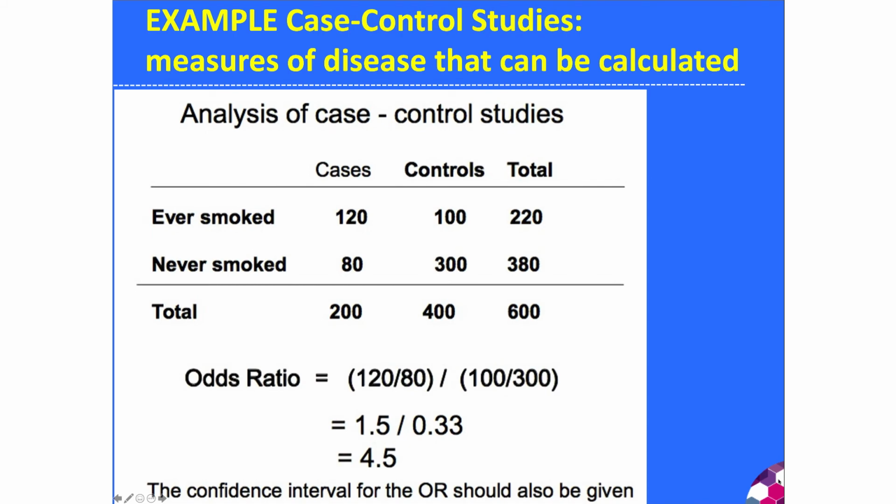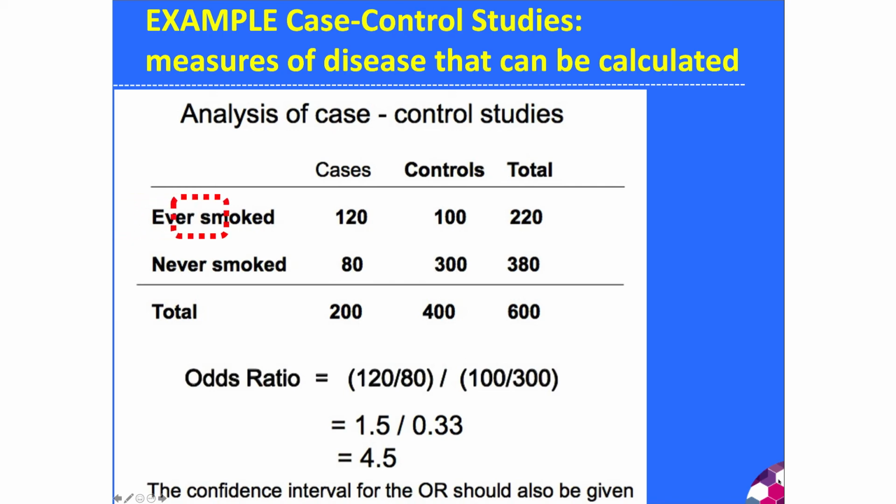So let's look at an example with numbers and a few more specifics. Here we have cases and controls, and the exposure that we're interested in is smoking, tobacco smoking. You have a group of people who smoked at some time or another, or are current smokers, and people who have never smoked.